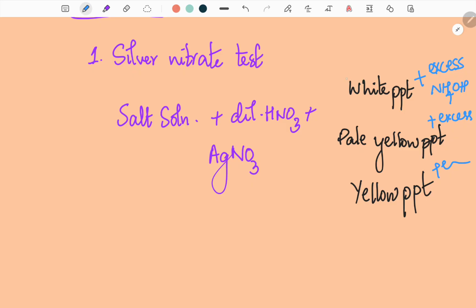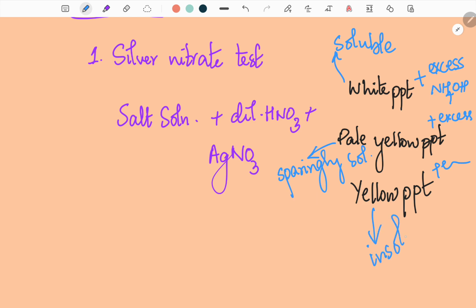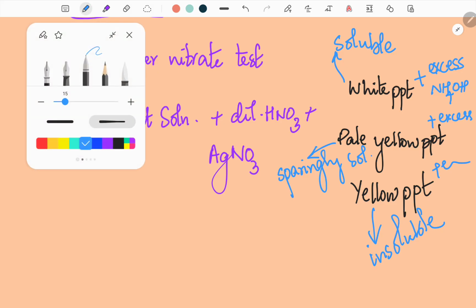Now, the white precipitate has to be soluble. The pale yellow precipitate must be sparingly soluble, and the yellow precipitate should be insoluble. Now, sparingly soluble means partially soluble. That is a term that we use in chemistry, sparingly soluble.